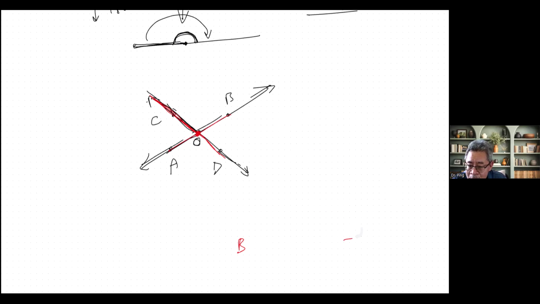So that means this angle, the red one, and this angle, they have the same vertex, but they are not adjacent. And they are made between the two straight lines. So we call angle AOC and angle DOB vertical angles.